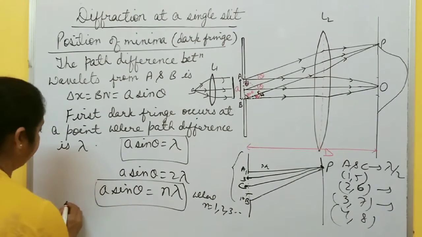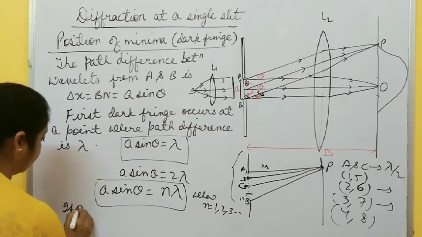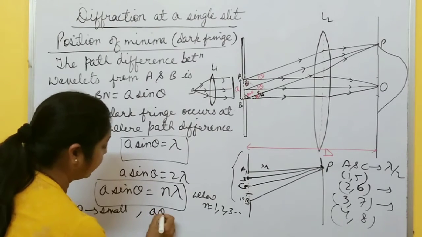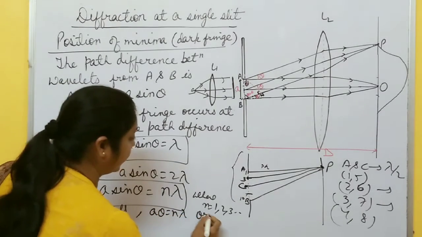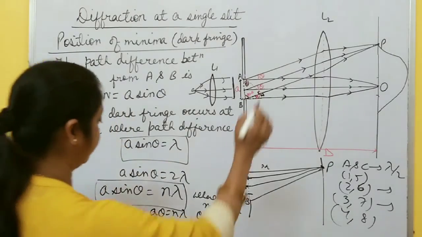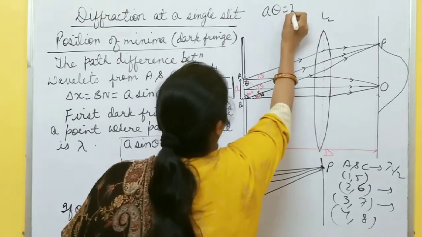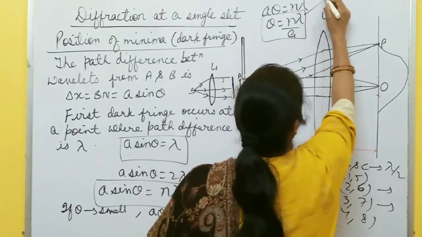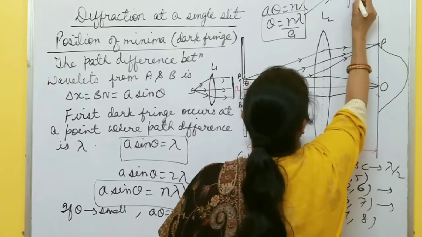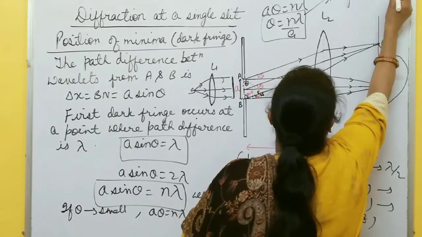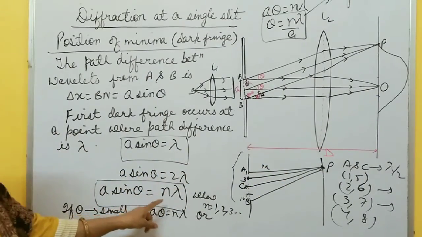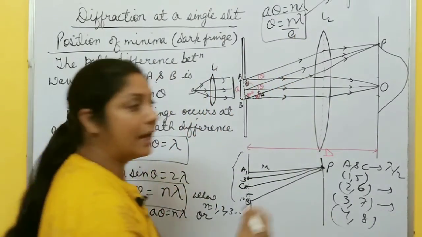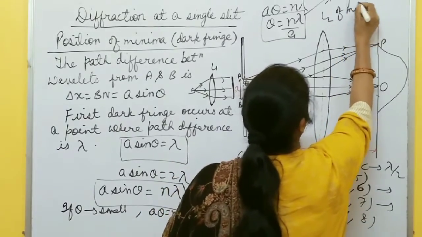Again, if this angle theta is very, very small, then sin theta tends to theta, and you can write a theta equals n lambda, so theta equals n lambda by a. This is the angular position of minima. So just remember: a sin theta equals n lambda is the position of minima, and theta equals n lambda by a is the angular position of minima.